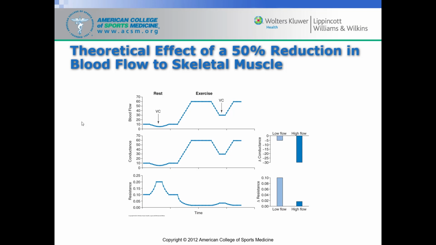So if you look at blood flow during exercise, if you have the sympathetic nervous system causing venous constriction, that can theoretically cause approximately a 50% reduction in total blood flow to that tissue bed. And we see the same pattern with conductance, which is blood flow divided by perfusion pressure. However, with resistance, we see kind of an opposite effect because the equation is opposite.